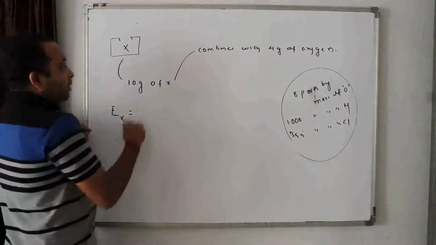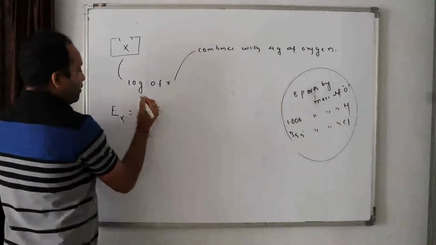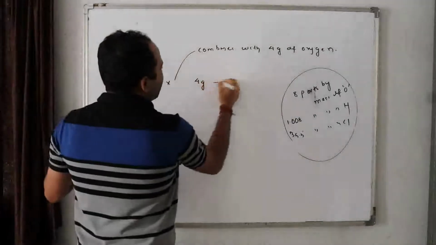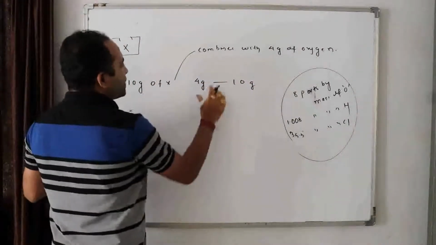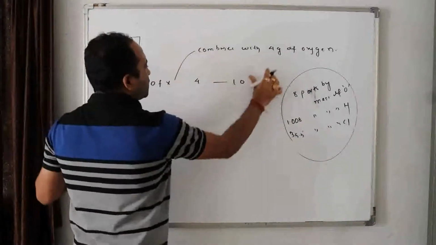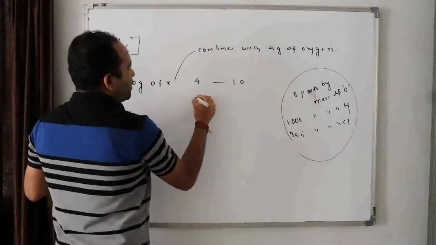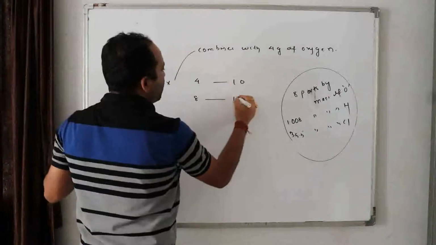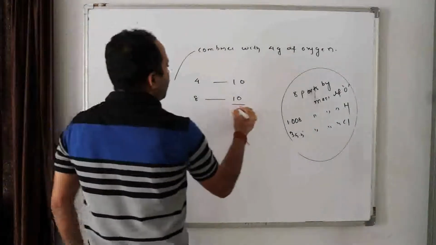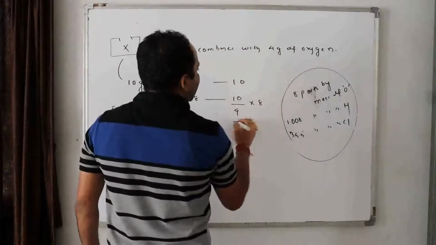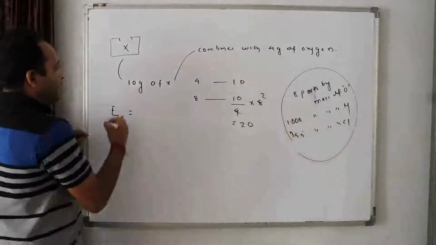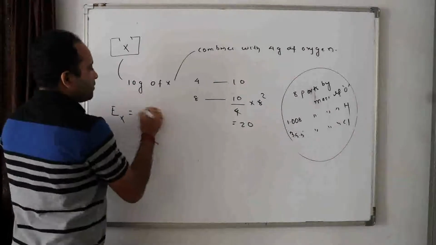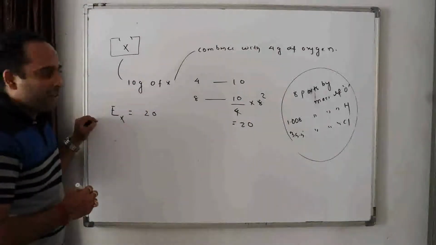That means 4 parts by mass is combining with 10 parts by mass. Now 8 parts by mass will combine with 10 by 4 into 8. How much? 20. So what is the equivalent mass of X? Is it 20? Easy?